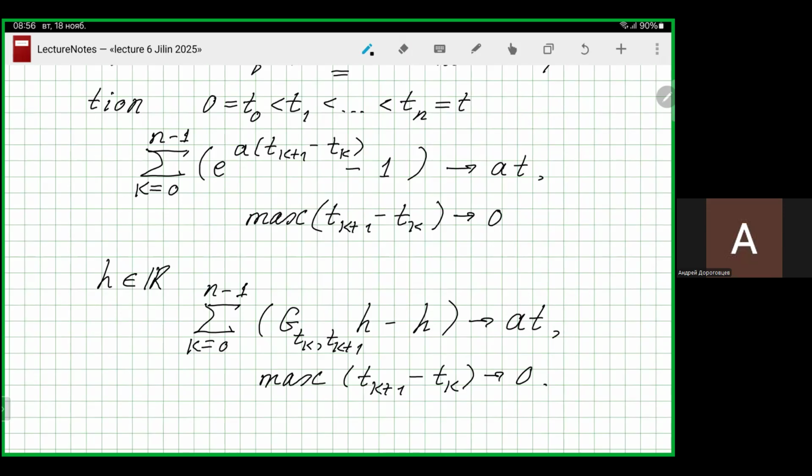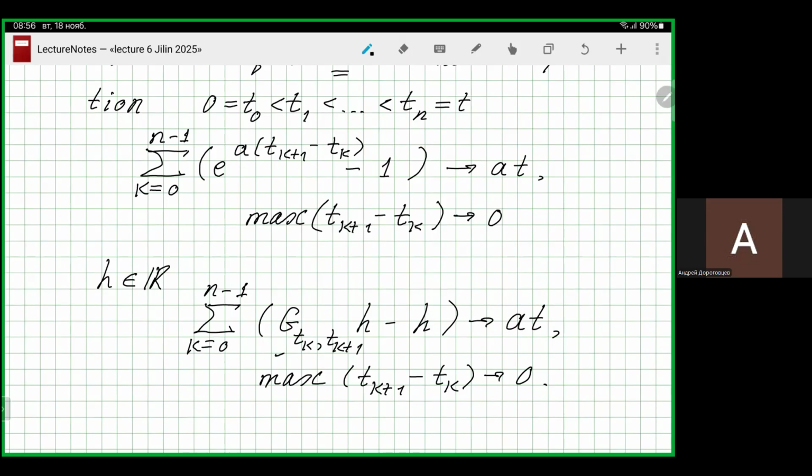This is the idea. You see? Using this idea, we can go further. Why does this idea look fruitful? Because you remember, we said that we want to recover increments of the Wiener process on all intervals of time.